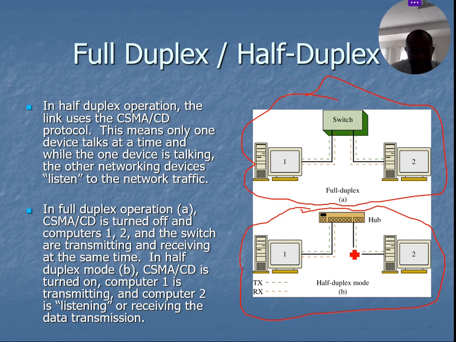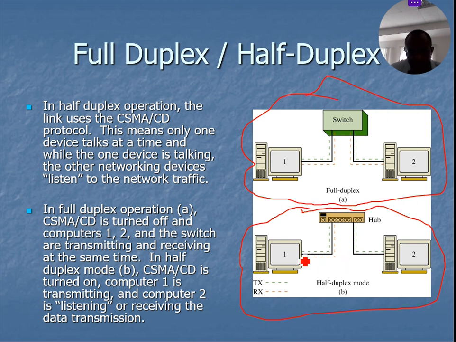Let's start with half duplex. In half duplex operation, the link uses the CSMA/CD protocol. This means that only one device talks at a time, and while one device is talking, the other networking devices just listen to the network traffic.